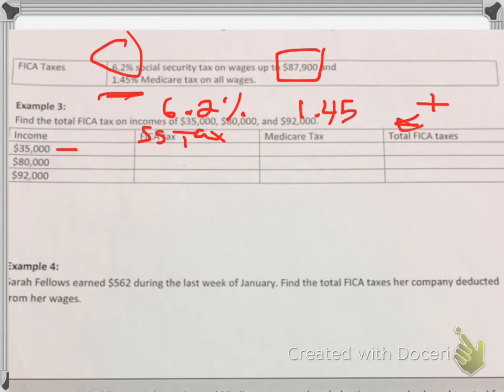When you do that, you should get $2,170. Now, actually, I'm going to work down the column this time. I just kind of want to do that. So on the next one, I'm going to do 80,000 times the 6.2%.